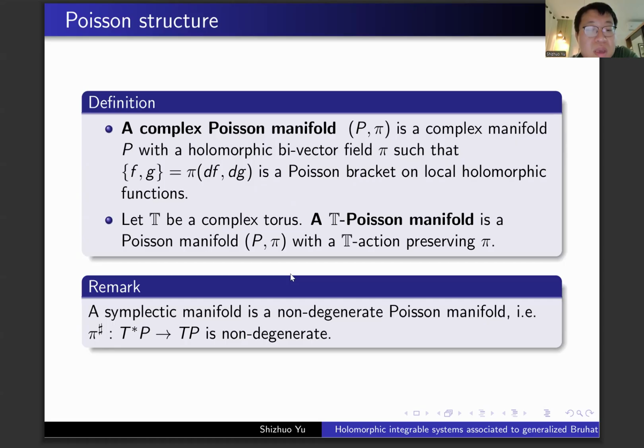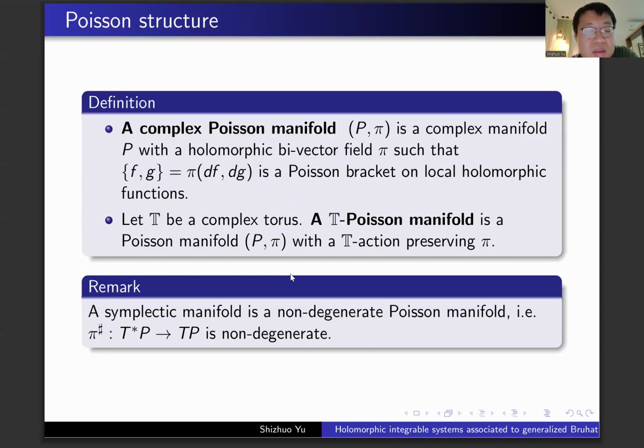functions. And in today's talk, we will also consider the so-called T-Poisson manifold. It means that there exists a complex torus acting on this manifold, such that this torus action preserves this Poisson structure pi.